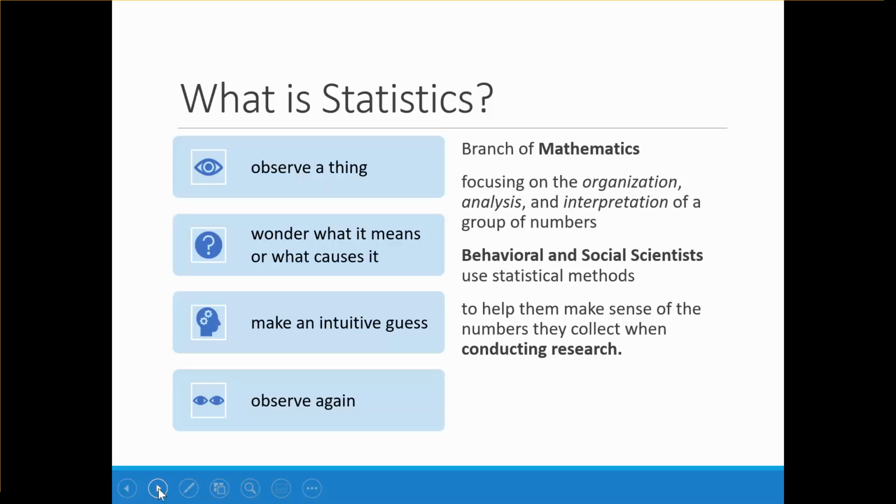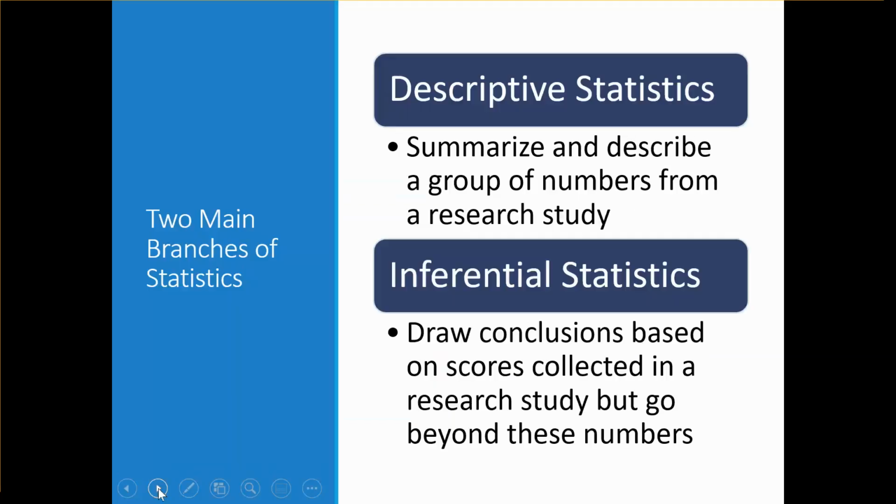So we observe a thing, we wonder what it means or what causes it, we make an intuitive guess, and then we observe again. Statistics allows us to document that whole process, and then when we observe again and document it again, we can see whether or not what we're observing makes any sense. That's really what we're trying to do with statistics, and we'll be learning about that this semester.